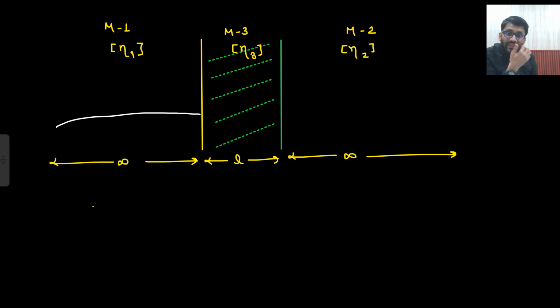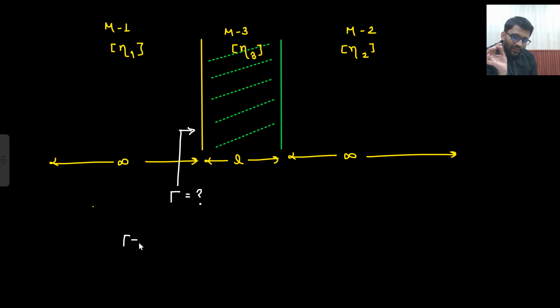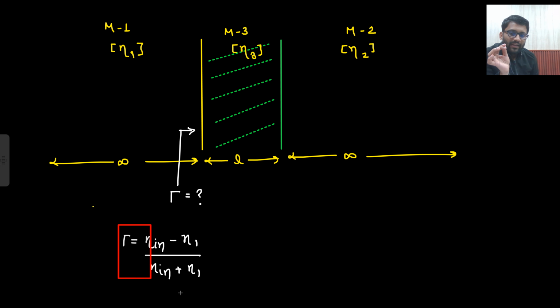So how will you find the reflection coefficient here? If I ask you to find the reflection coefficient here, what will be its value? So you need to remember this formula. That would be neta in minus neta 1 divided by neta in plus neta 1. What do I mean by that?